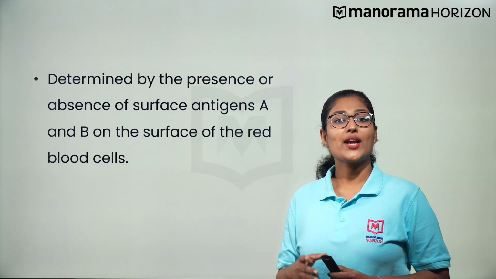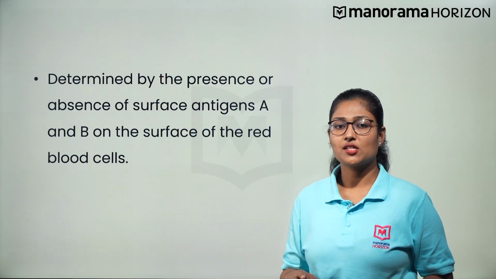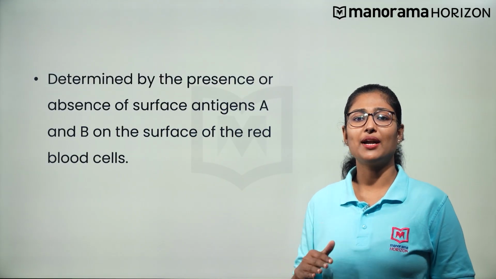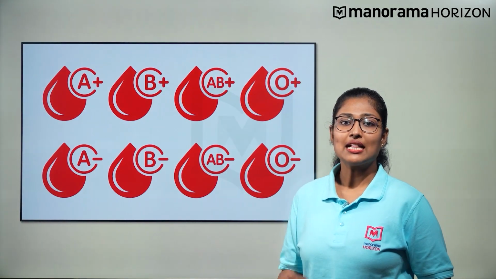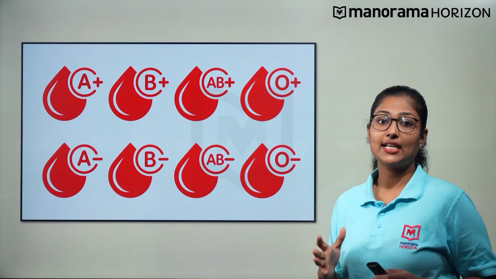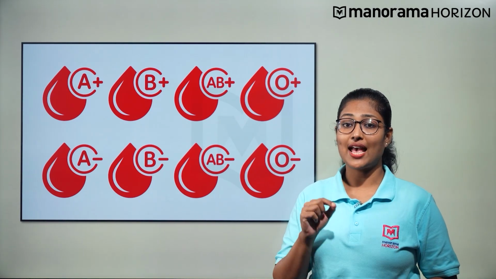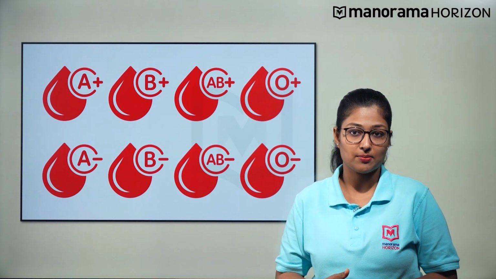Before we evaluate the compatibility of blood groups, we need to know the different blood types in humans. As you can see on the screen, there are 8 different blood types and each individual has one of these 8 blood types.